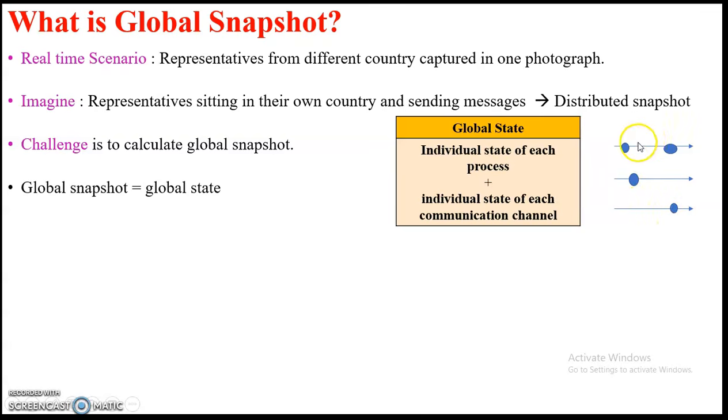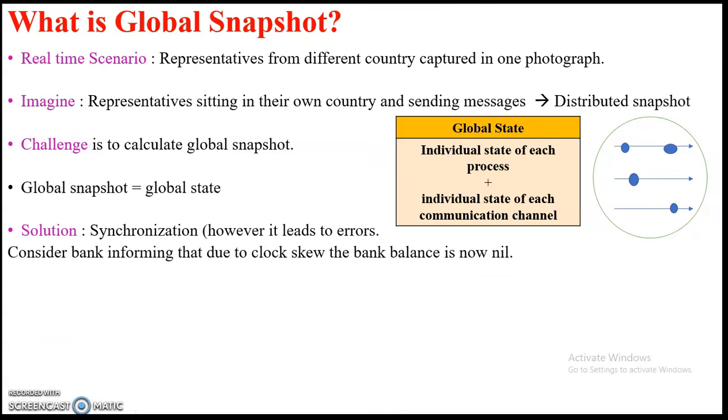And let's say a process P1 is communicating with P2. So that means there is some communication channel present between them. So the state of these communication channels altogether will form a global state. That means the state of the processes and the state of the communication channels between the events. This together forms the global state.